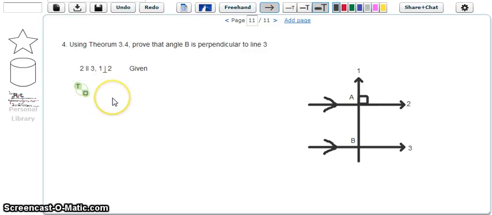Okay, so we've got the given. We know that 2 is parallel to line 3. We know that 1 is perpendicular to line 2. Next step is to say that angle A equals 90 degrees. And that is because of the definition of perpendicular lines.